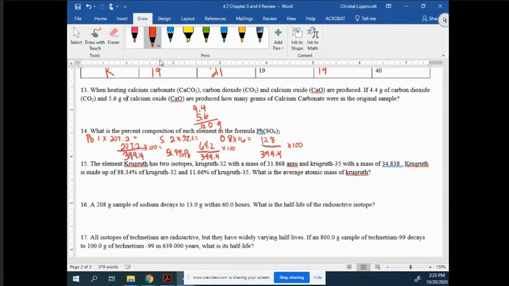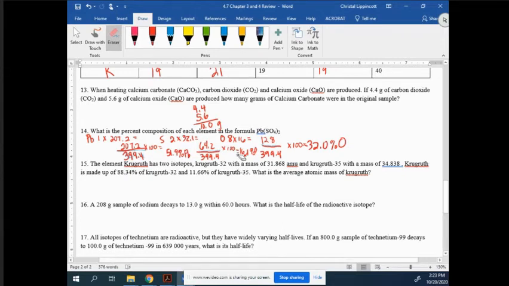The next one is 64.2 divided by 399.4, and that's 16.1, and that is percent sulfur. And the last one ends up being 128 divided by 399.4, and that's 32.0, and that is percent oxygen. I'm sorry, I mislabeled those at first. My apologies.